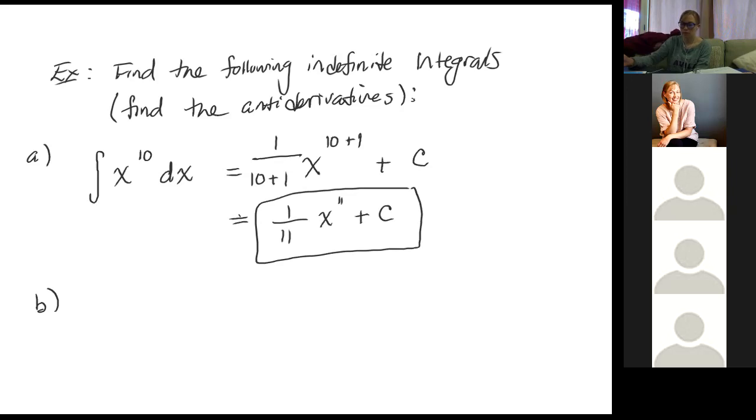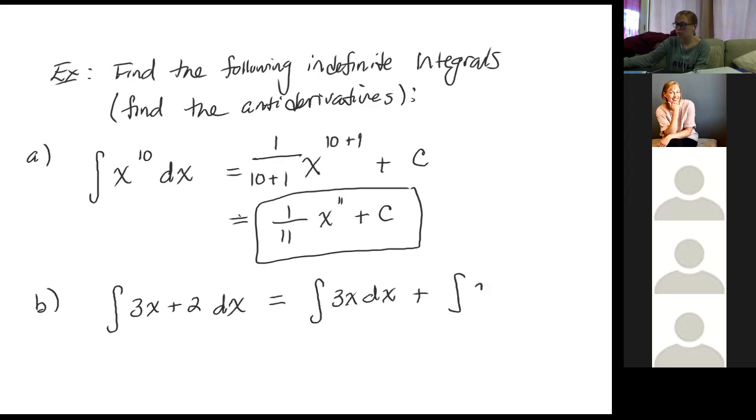Okay. Let's find the antiderivative of 3x plus 2 dx. The first thing I'm going to do is apply that second property and say this is equal to the antiderivative of 3x dx plus the antiderivative of 2 dx.